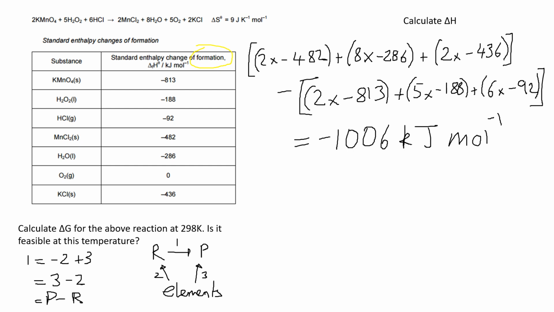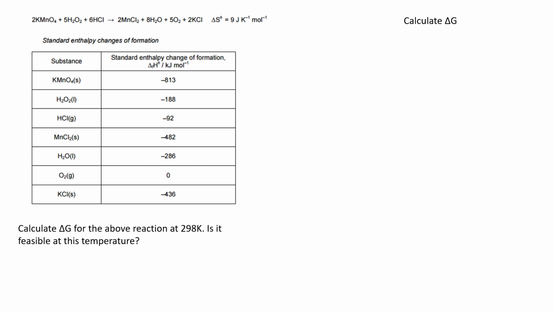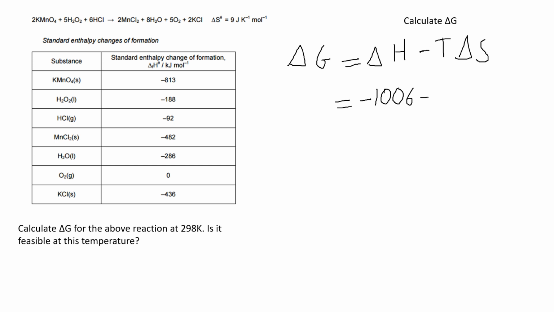So we're now in a position where we can calculate delta G at 298 Kelvin. Delta G is equal to delta H minus T delta S, where delta H we said was minus 1006, minus the temperature, which is 298, times 9 times 10 to the minus 3, we're dividing by 1000.